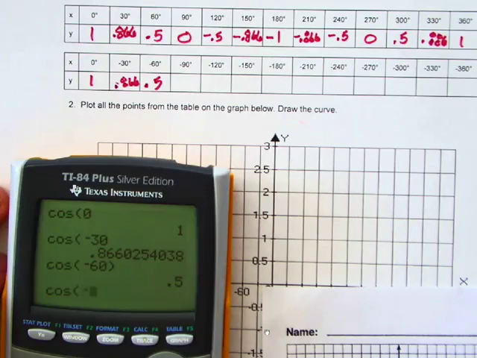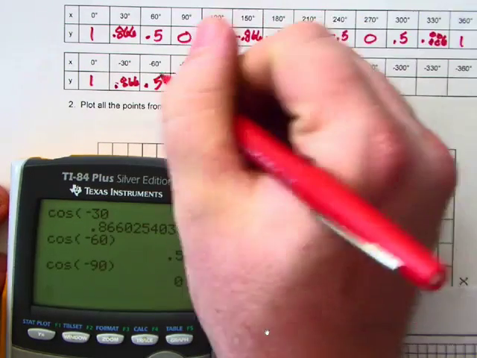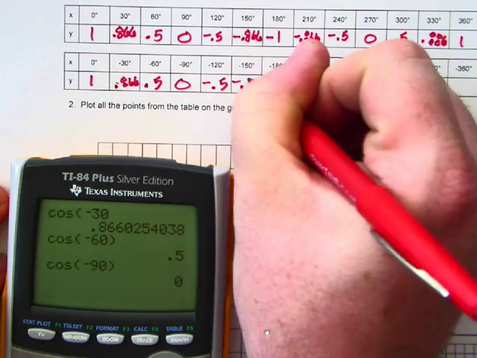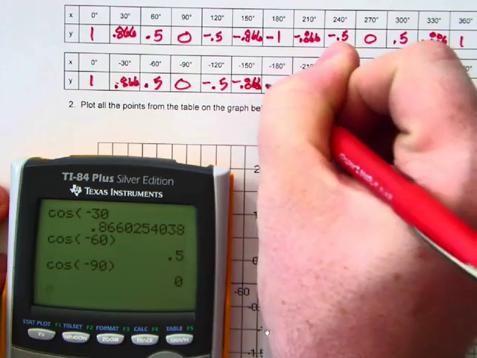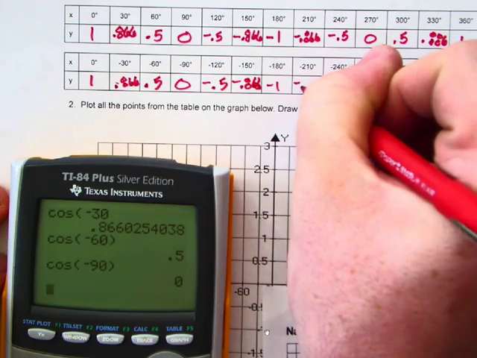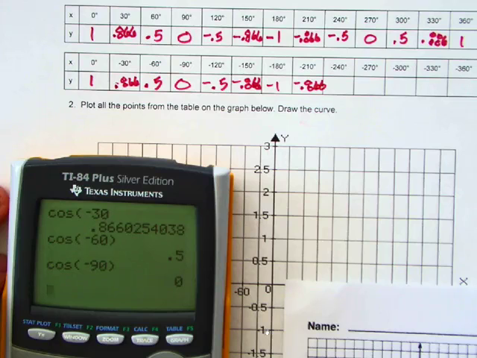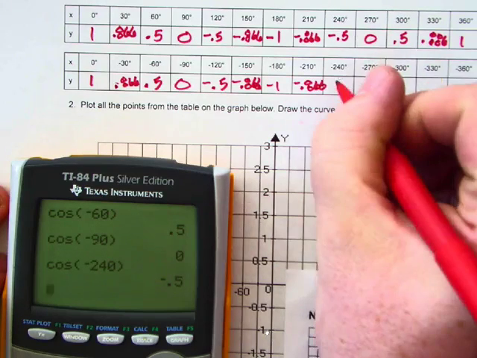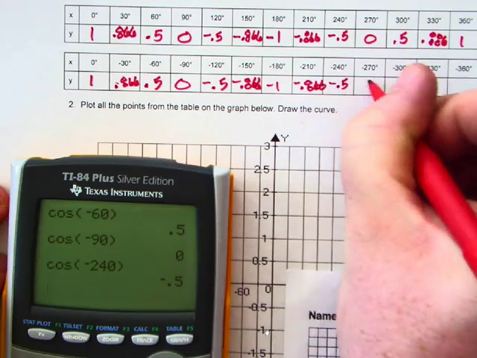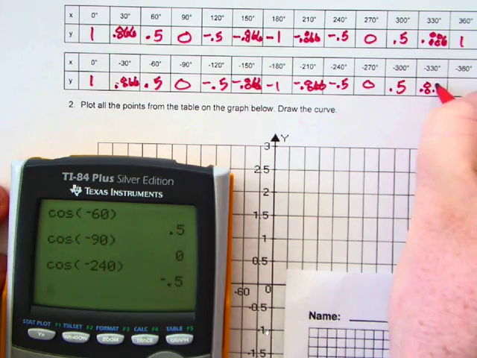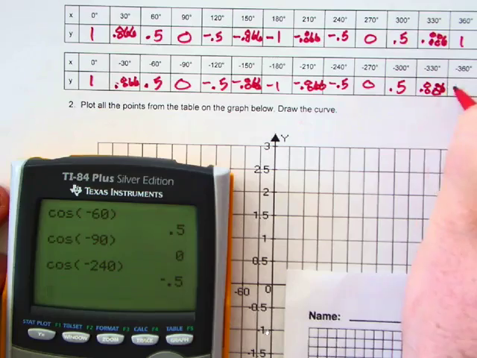Cosine of negative 90 is 0. And if you start noticing the pattern, you can say, I know what's coming next. Let's just double check to see if we're still on the right track. Negative 240 is negative 0.5. So we see they're the same, whether it's positive or negative.